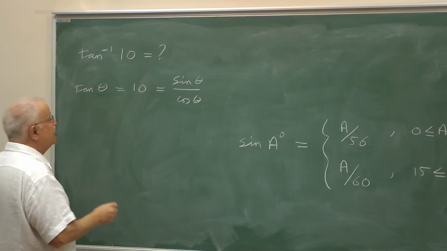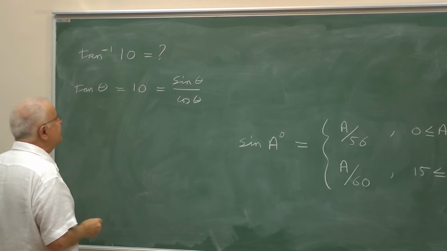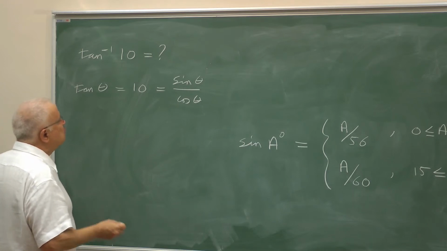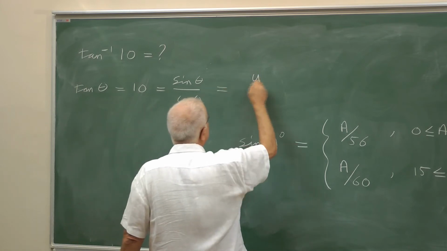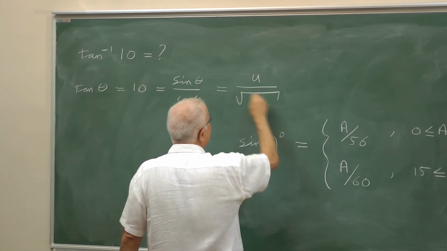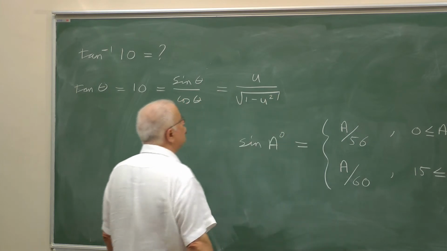Now, if we are very sensitive about these things, let us say sine theta is u, and then cosine theta will be square root of 1 minus u square.